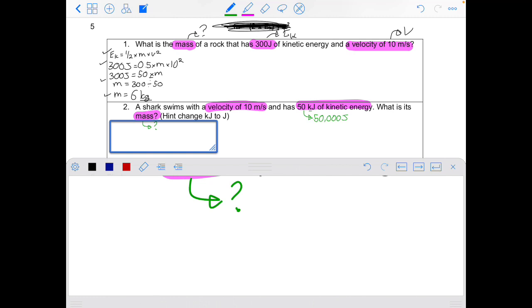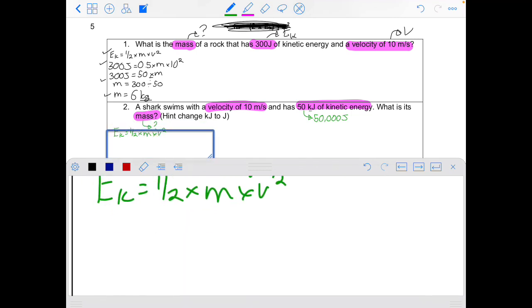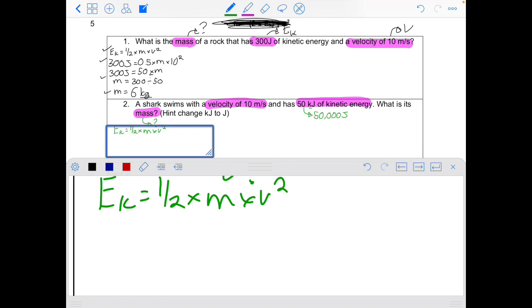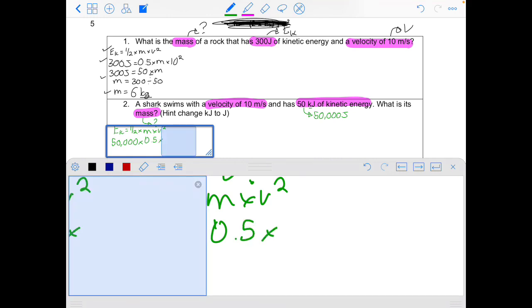Step 2, it doesn't change. Kinetic energy is equal to 1/2 times mass times velocity squared. So we have our 50,000 equals 0.5 times our mass, which is what we don't know, times velocity, which is 10 meters per second, squared.